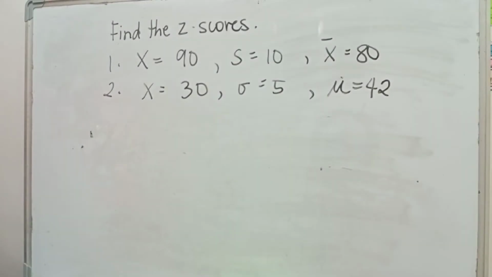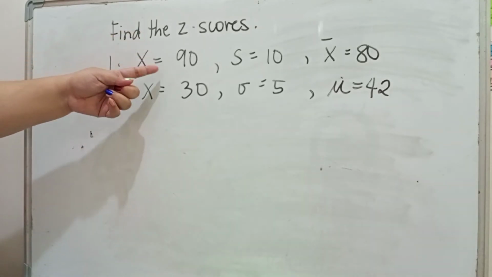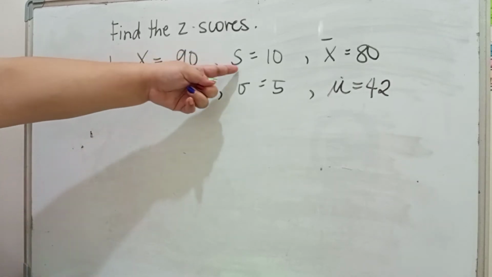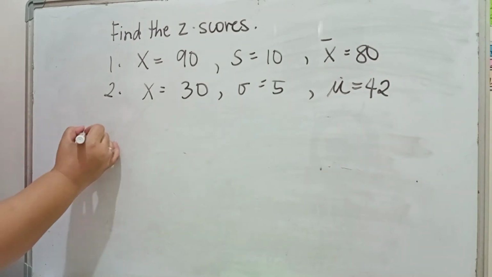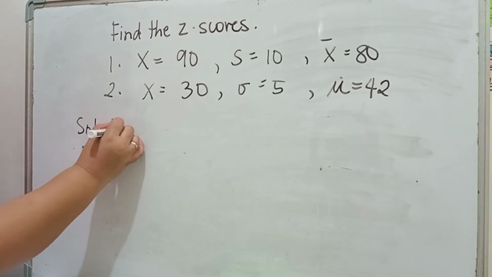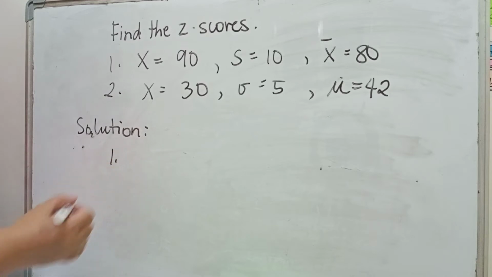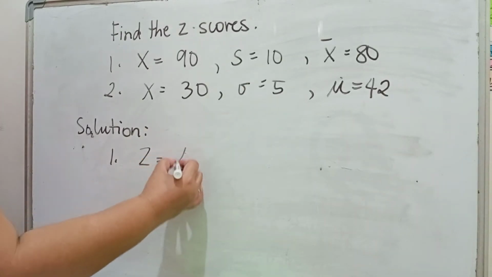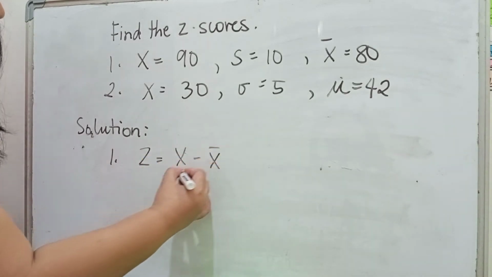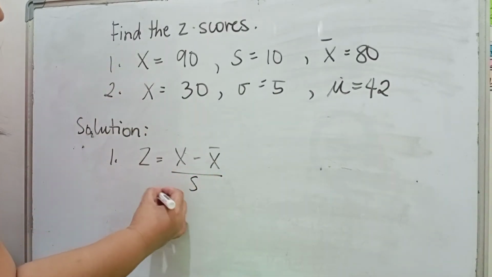Okay, class, let us have some examples in finding the Z-score. For example 1, the given measurement X is equal to 90, the sample standard deviation is 10, and our sample mean is equal to 80. Using the formula, Z-score is equal to X minus the sample mean, all over the sample standard deviation.